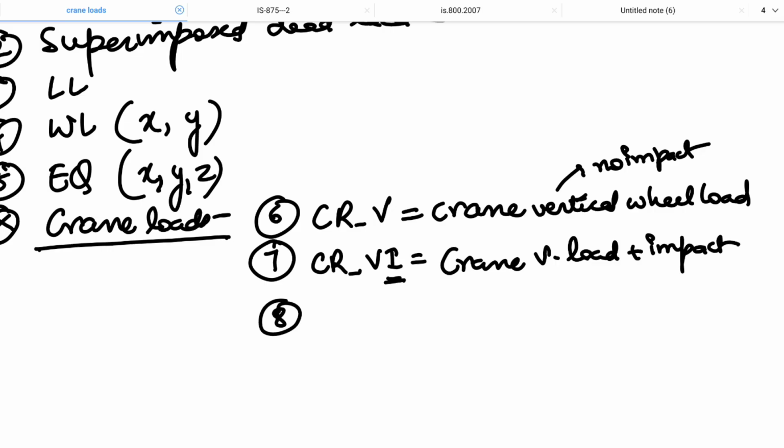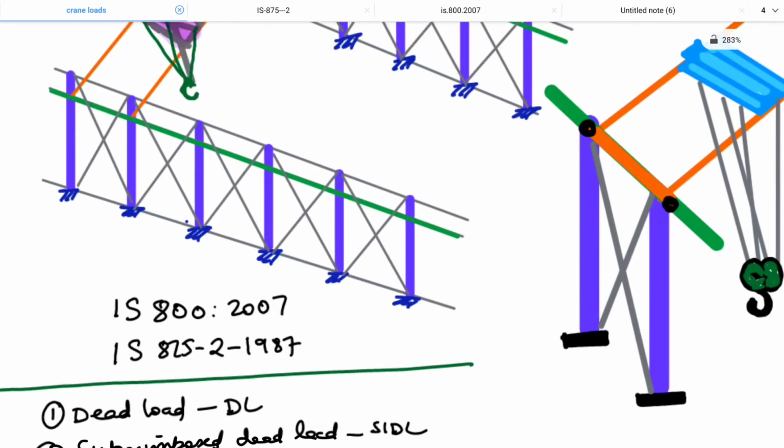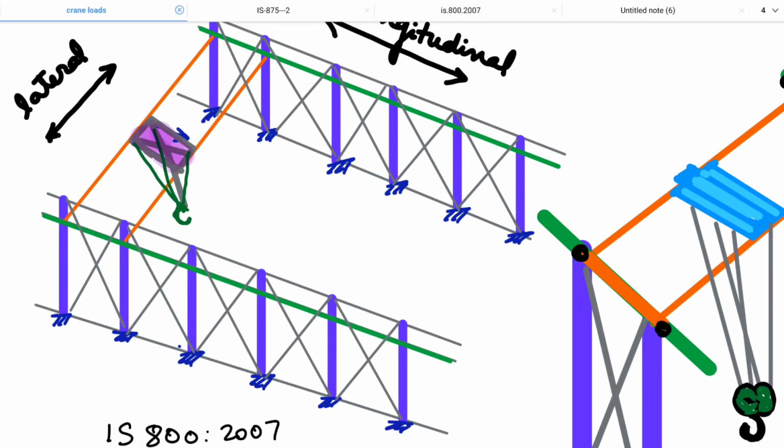Then 8th, CRHS, crane lateral surge. So this is lateral.